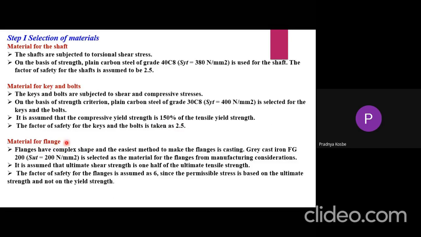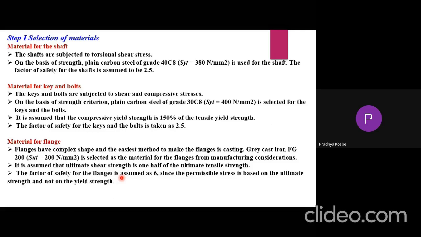Then the material for the flange. Flanges have complex shape. An easy method to manufacture the flange is casting, and so gray cast iron Fg200 is used. That 200 indicates the ultimate tensile strength of this material.